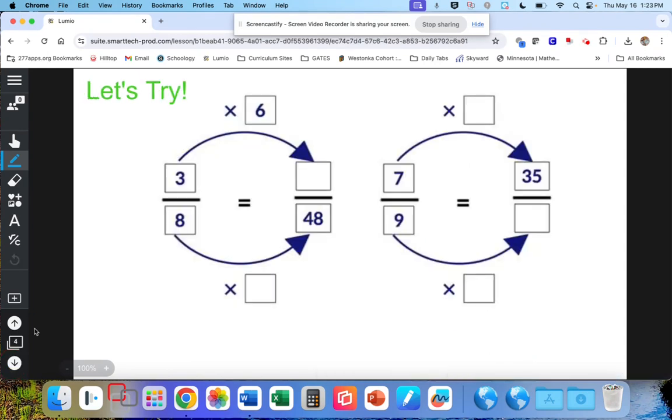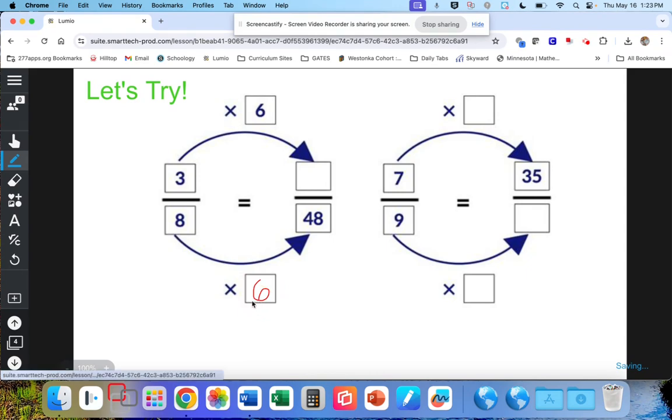All right, let's take a look at some of these examples. If we have the fraction 3/8 and we want to know how many pieces out of 48 that would be, it's like saying we're taking our 8 and we're breaking them apart to get to 48. So if I go from 8 to 48, I know that that is times 6.